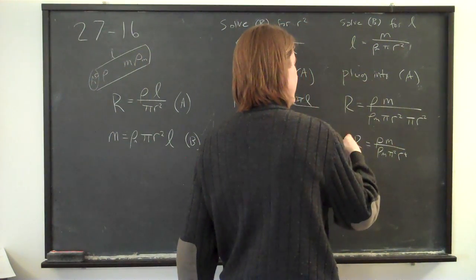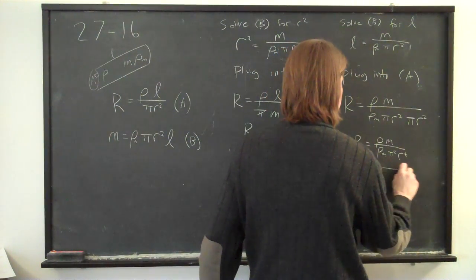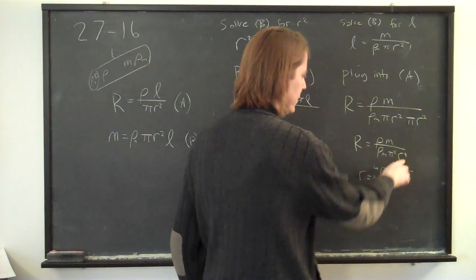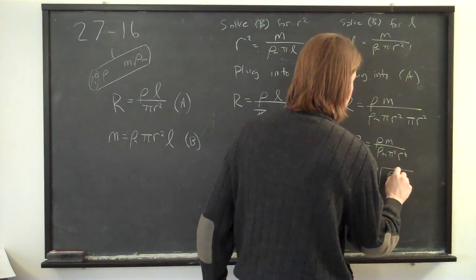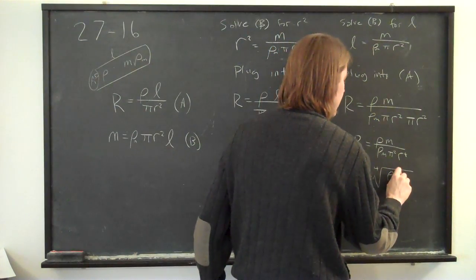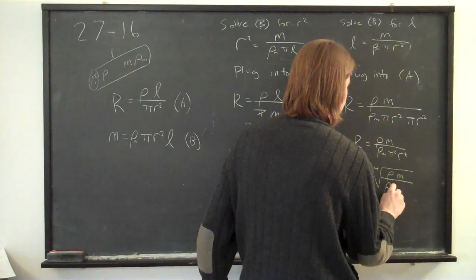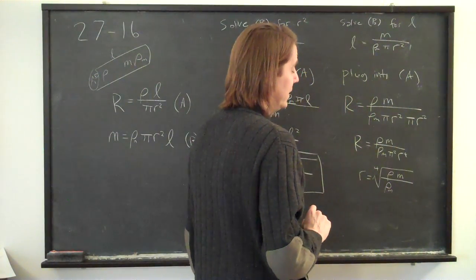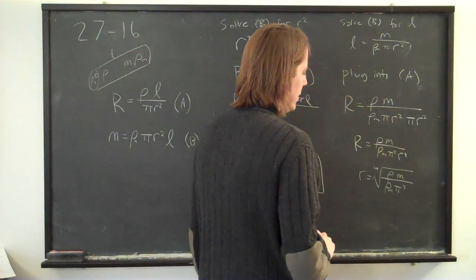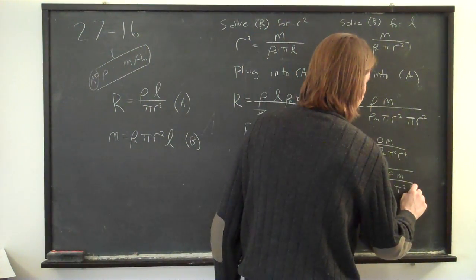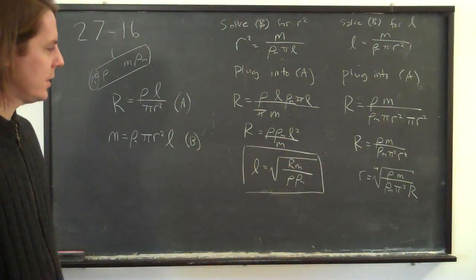Then bring that r to the fourth over here, bring the little r under there, and say r is the fourth root of rho, the resistivity, m the mass, over rho m, the mass density, pi squared, big R. And the units will work out, that's correct.